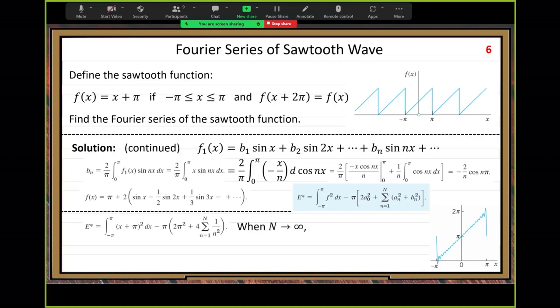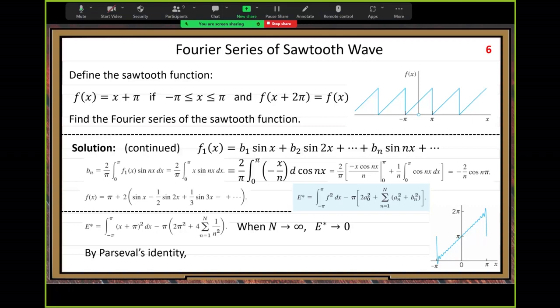Now when n approaches infinity, E star approaches 0. So by Parseval's identity, they're equal, right?